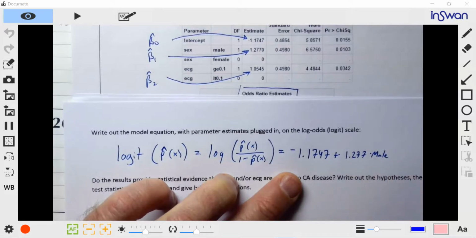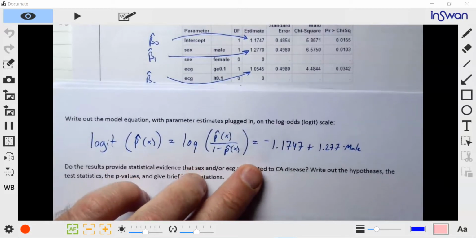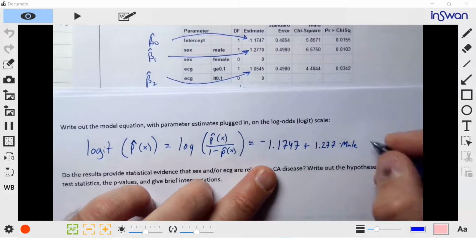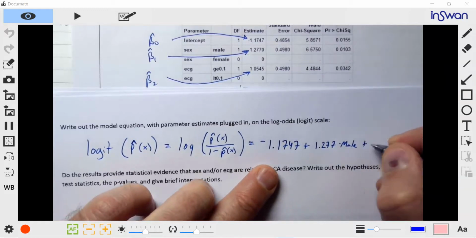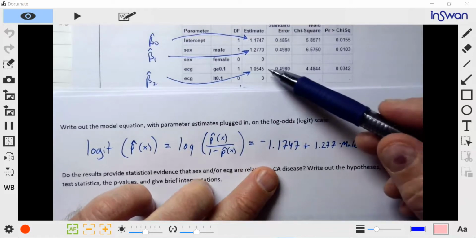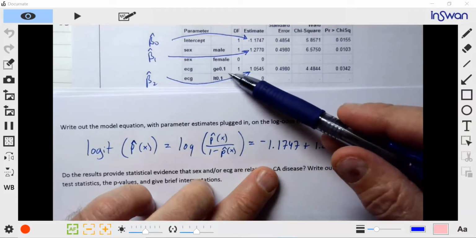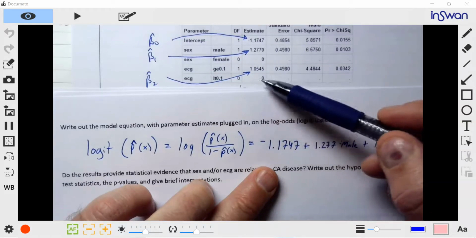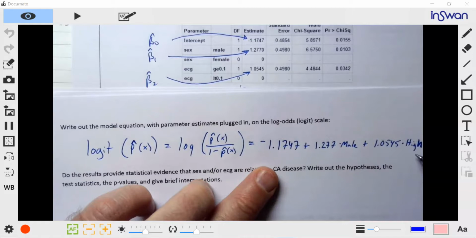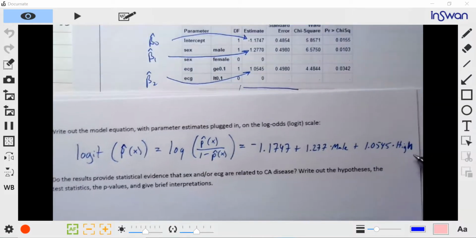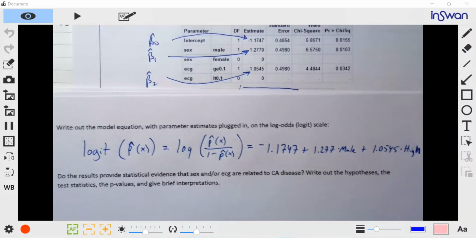Remember, male is a dummy variable, which is 1 for males and 0 for females, plus 1.0545 times high for high ECGs. This is attached to ECGs greater than or equal to 0.1. This is ECGs less than 0.1. So our dummy variable again was for high. That's 1 for high ECGs and 0 for low ECGs.